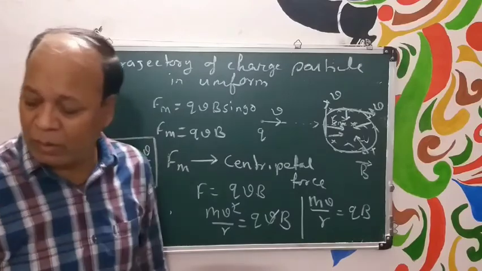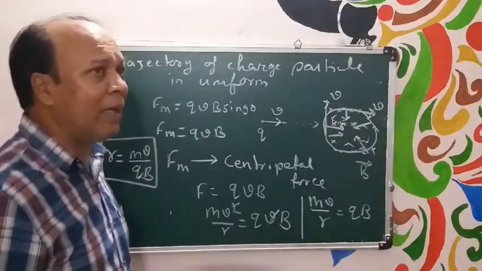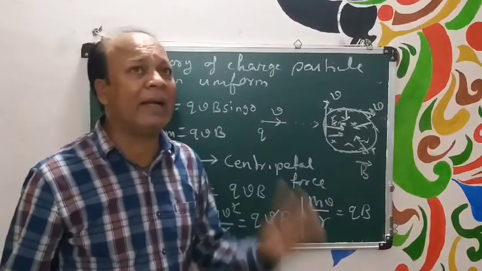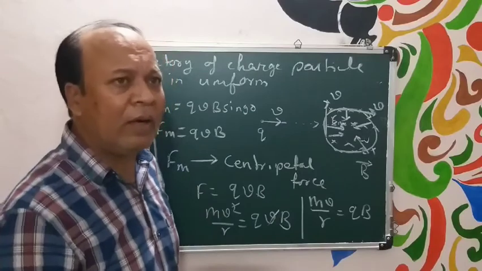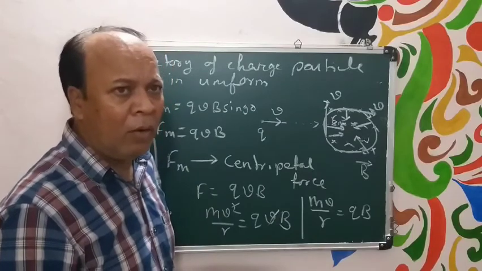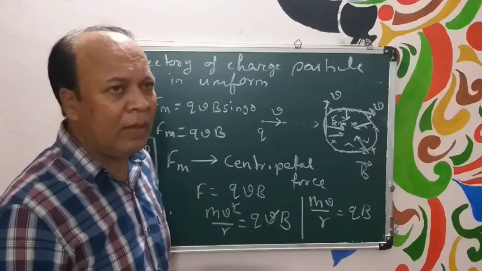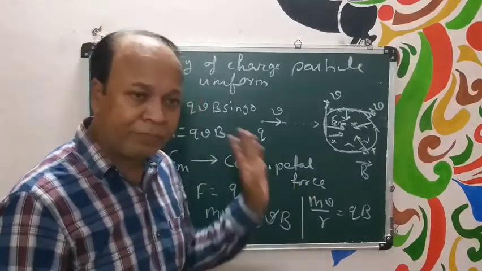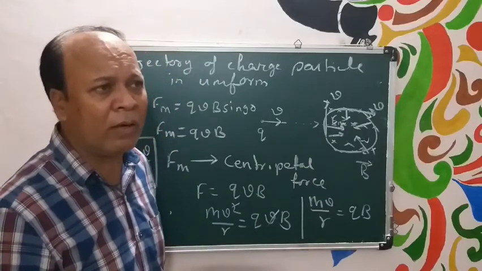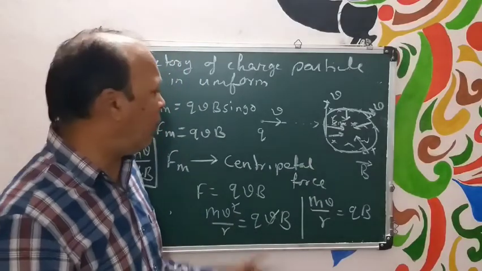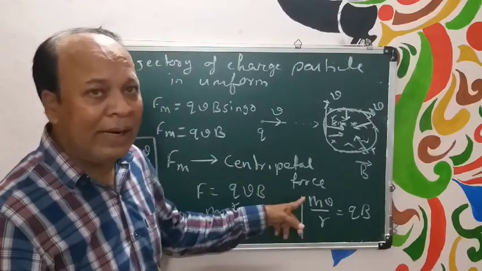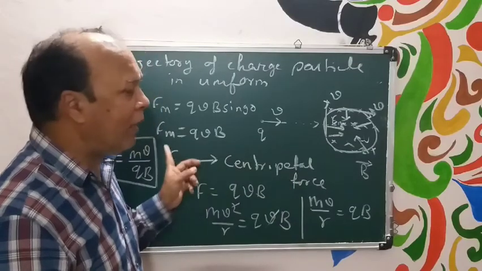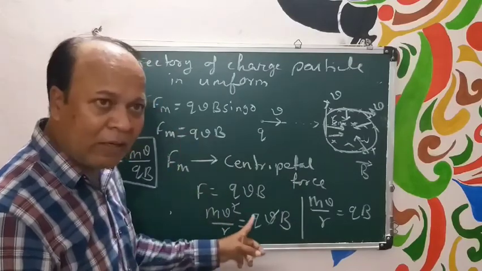Is that clear? तो यहाँ पर कुछ सिंपल सी बातें हमने बताई हैं. जब भी कोई चार्ज पार्टिकल किसी मैग्नेटिक फील्ड में एंटर होता है और अगर मैग्नेटिक फील्ड ओरिएंटेड है नॉर्मल उसके पाथ से, तो ऑब्वियसली जो पाथ होगा, जो ट्रेजेक्ट्री होगी, वो हमेशा सर्कुलर होगी. और उस सर्कुलर ट्रेजेक्ट्री को मेंटेन करने के लिए whatever centripetal force is required, it will be provided by Lorentz magnetic force, and it is equal to QVB.